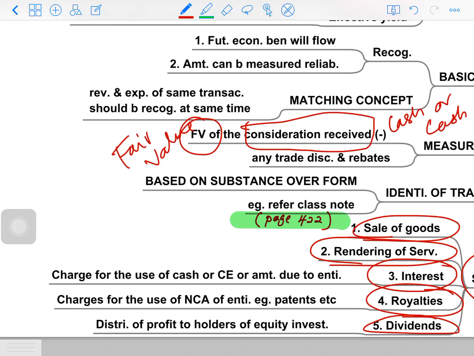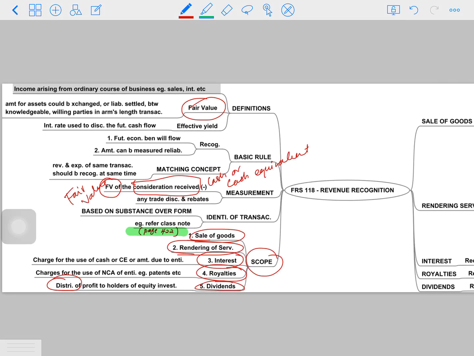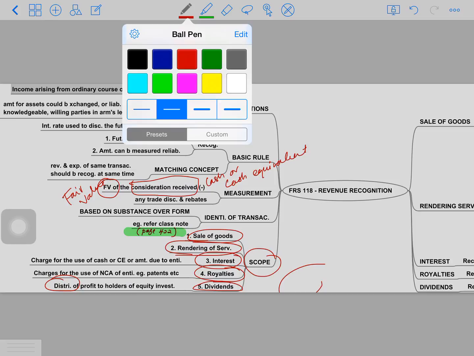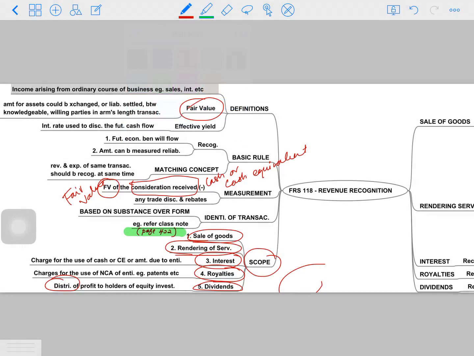For example, public mutual, and so on. These are investment companies, and their revenue is in the form of dividends. So these are the scope that is covered under revenue recognition, FRS 118.